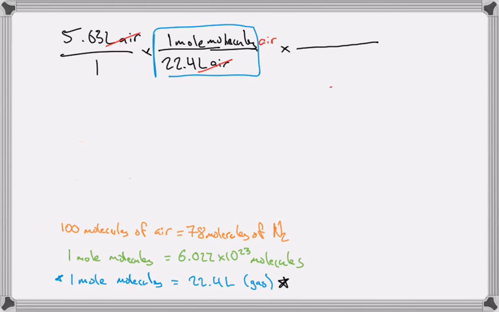So the next thing we need to do is go from moles, so 1 mole of molecules, I'm going to abbreviate that, of air, is equal to 6.022 times 10 to the 23rd molecules of air. Go back, make sure that that conversion factor was written appropriately. Mole molecules of air, mole molecules of air. Now, that was our green conversion factor.